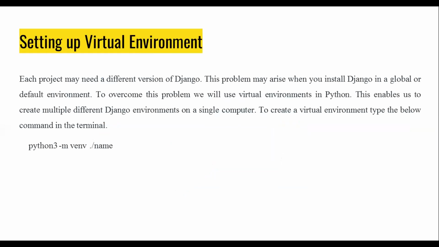Why do we need to set up a virtual environment? In Django, we will be using virtual environments. It is recommended to create and execute a Django application in a separate environment. For example, one project might require a different version of an external library than another one.